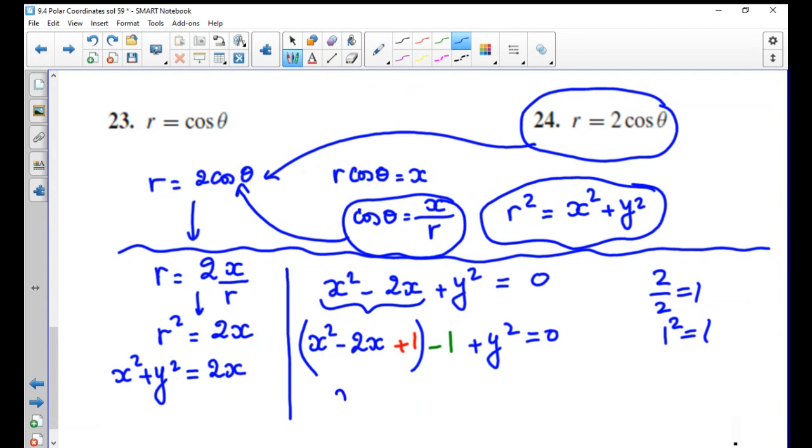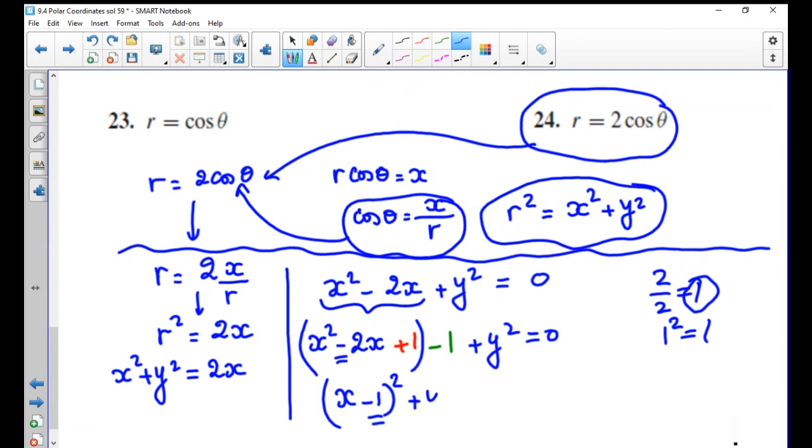What square is it? x minus 1 squared. Yes or no? Yes, it's this number here that you put here, basically always, and with a minus because of this minus here. There's a minus, you put minus. There's a plus, you put plus.